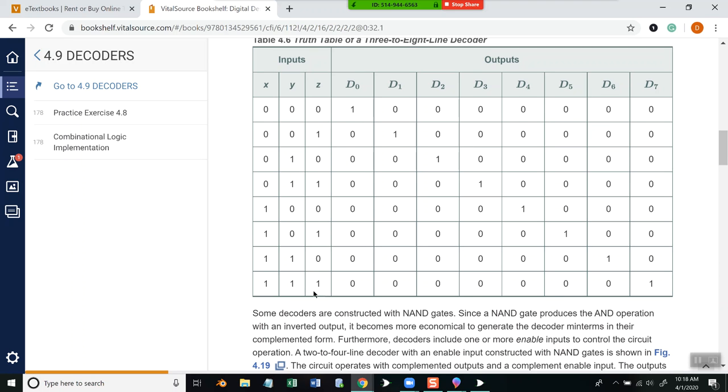Everything was ones. That would be, assuming this is one number, 2 to the 0, 2 to the first, 2 squared. It's 4, 6, 7. So that'd be 7. I mean, this would be 6, which is a 1 there.